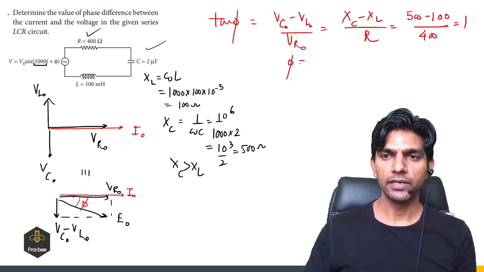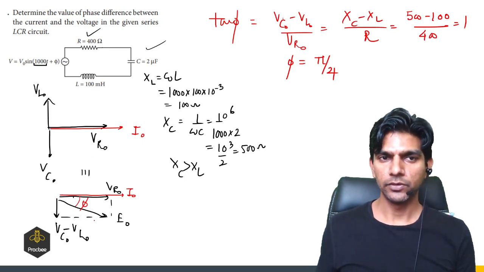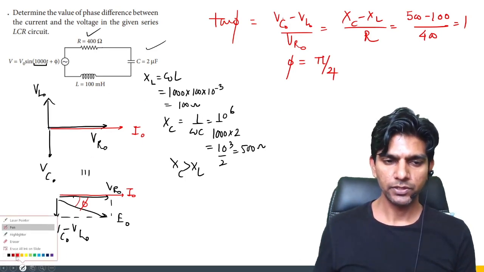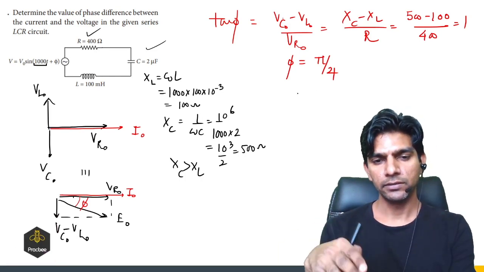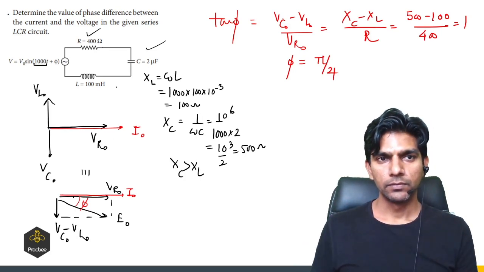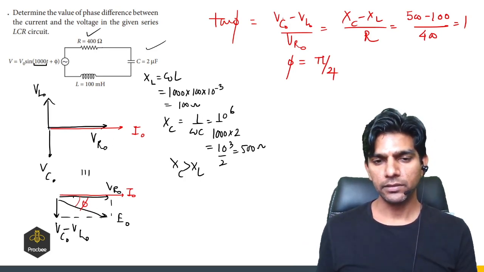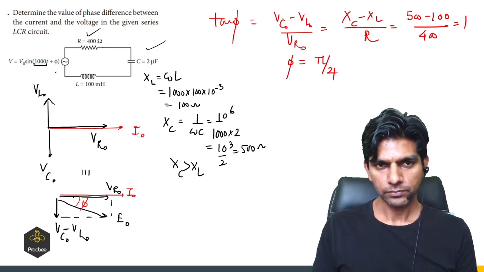So it means phi is pi by 4. Got it? So that is the phase difference between the voltage and the current. In this question, current is leading the voltage by pi by 4. Got it?